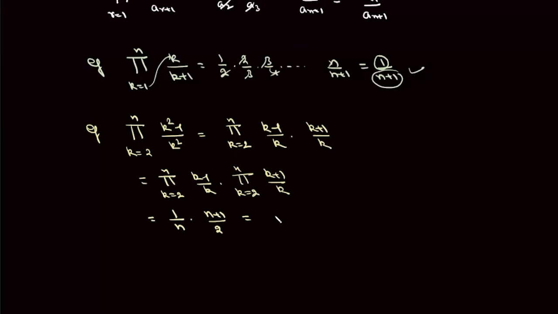So this product will be N plus 1 upon 2N.